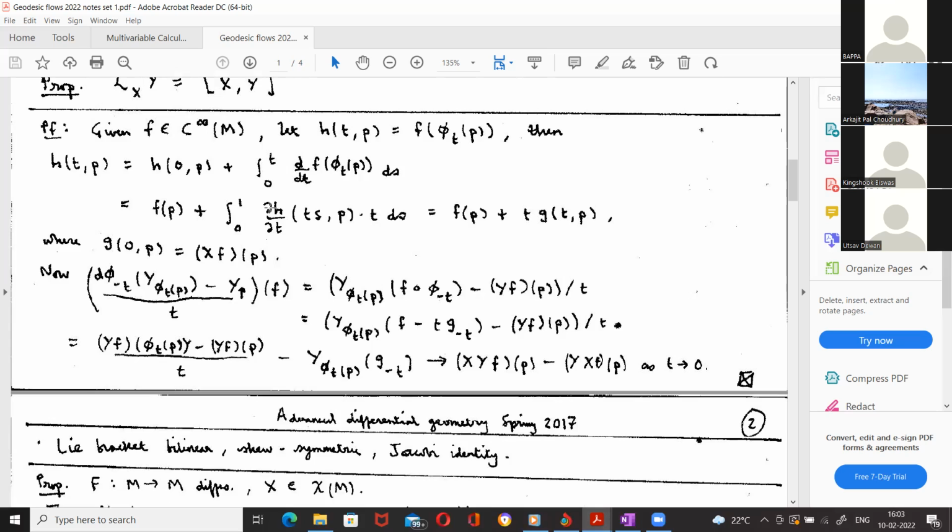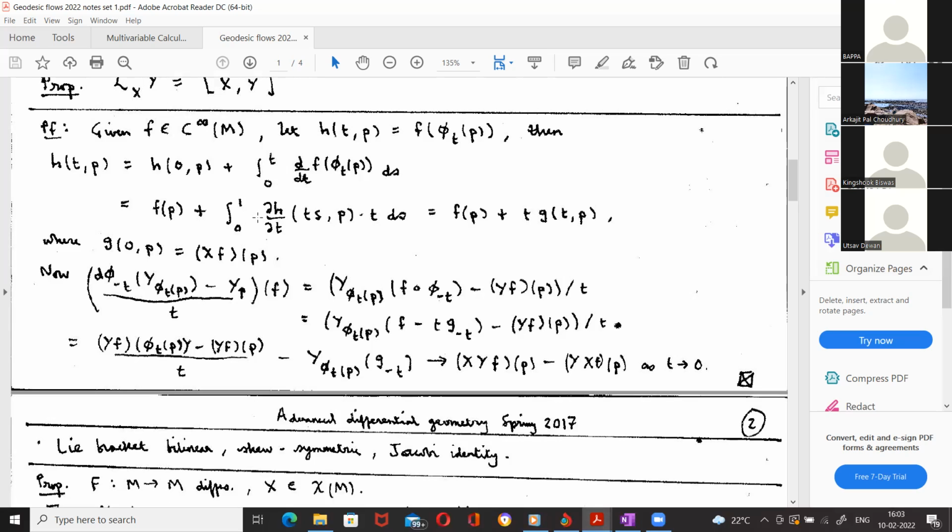So this becomes del h del t of (ts, p) times t ds, where h of t,p is f of phi t of p. Is this clear? I've just made a change of variables; my new variable is the old variable divided by t. The integral becomes from 0 to 1.